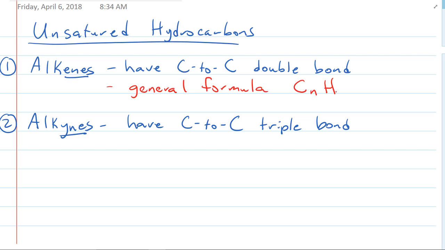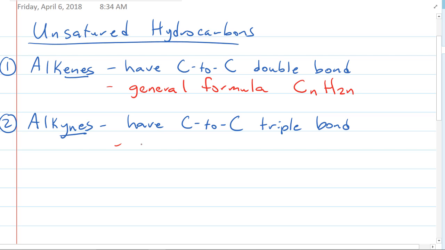If the alkanes were CnH2n plus 2, then an alkene must be CnH what? Or 2n minus 2. Almost. Because remember, if the alkanes were 2n plus 2, and one bond simply removes 2 hydrogens, oh, just 2n, exactly. So this is going to be H2n.